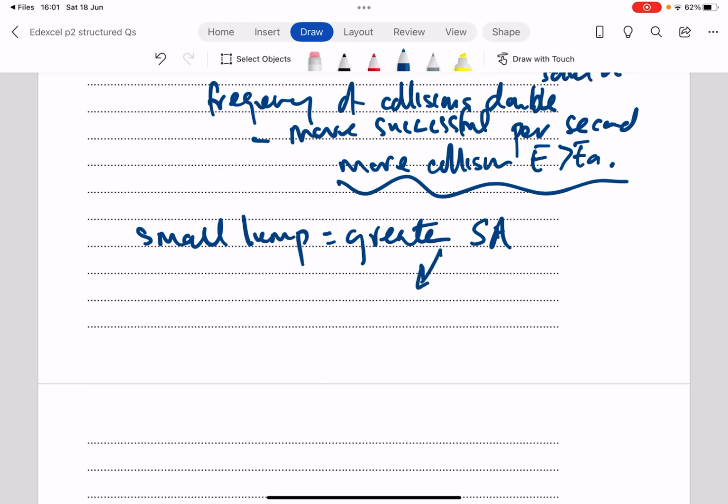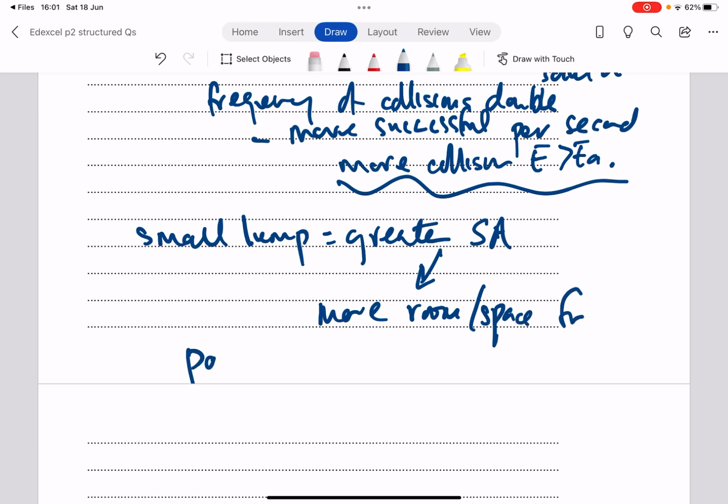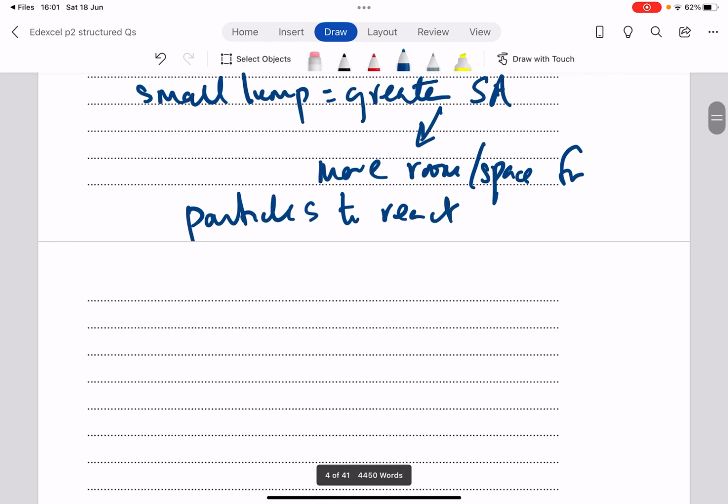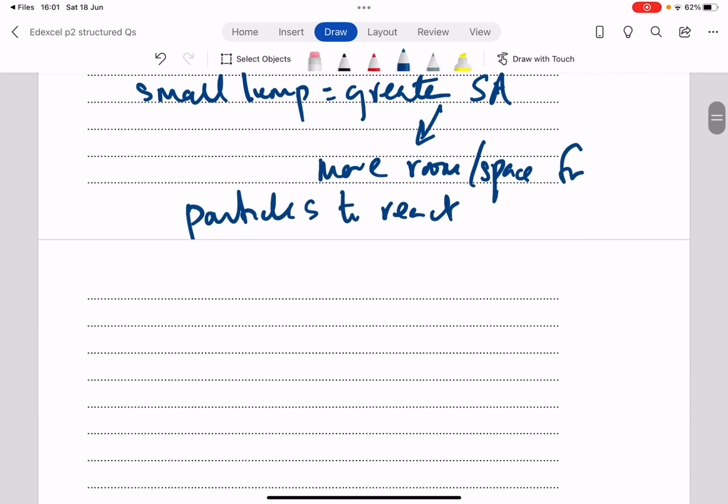Greater surface area means more room or more space for particles to react. And then the rest: frequency of collisions goes up, more gas is produced because frequency of collisions goes up, more successful collisions and more frequent collisions, and more particles have energy above activation energy. So now you can see that's rates 1.